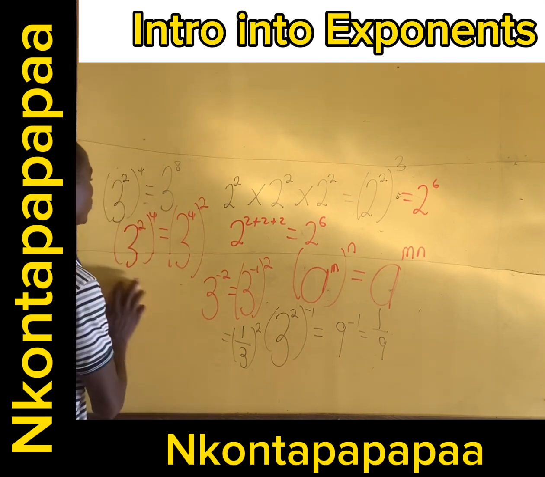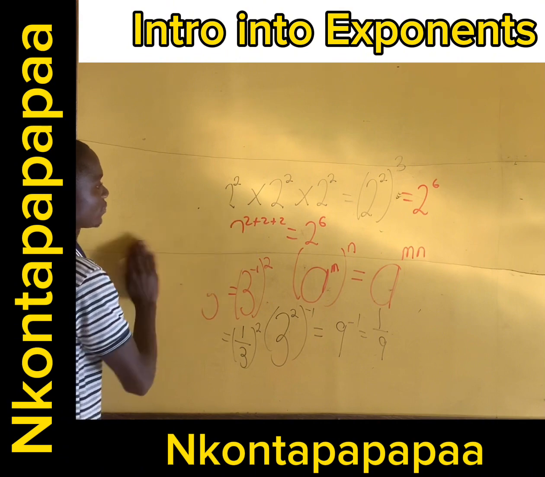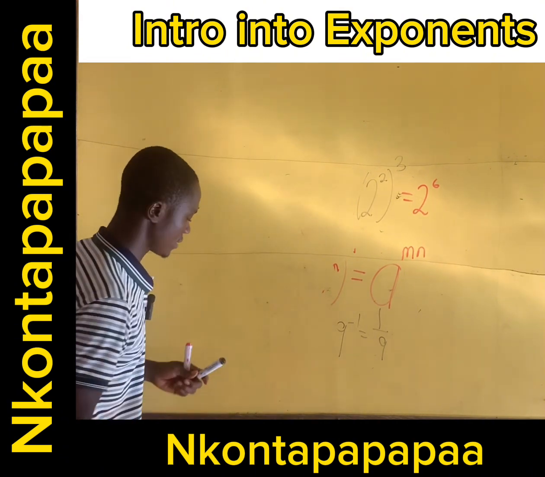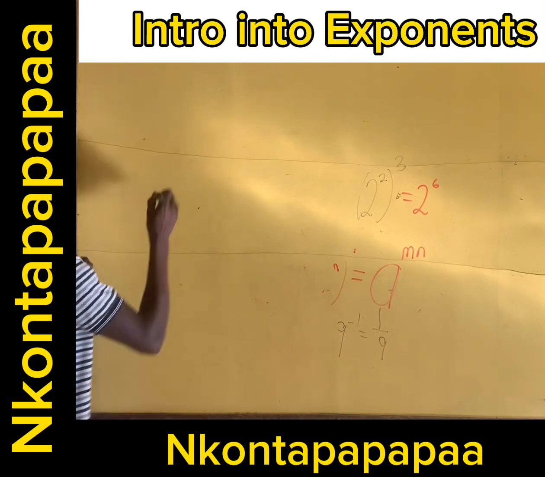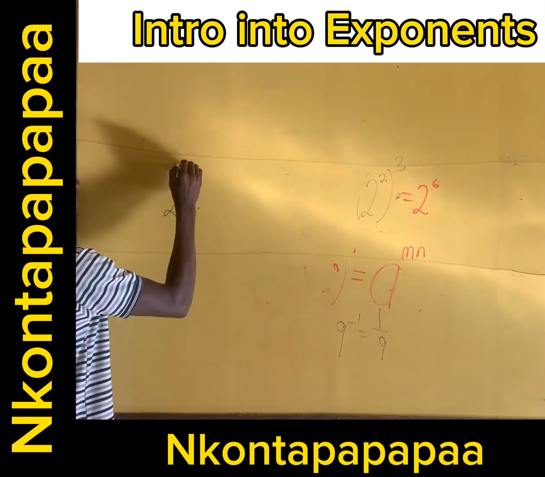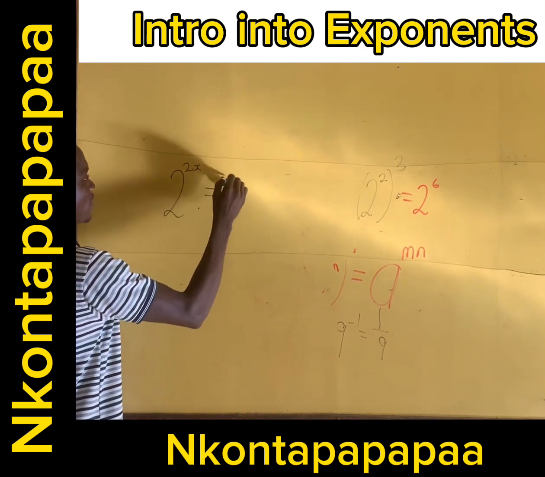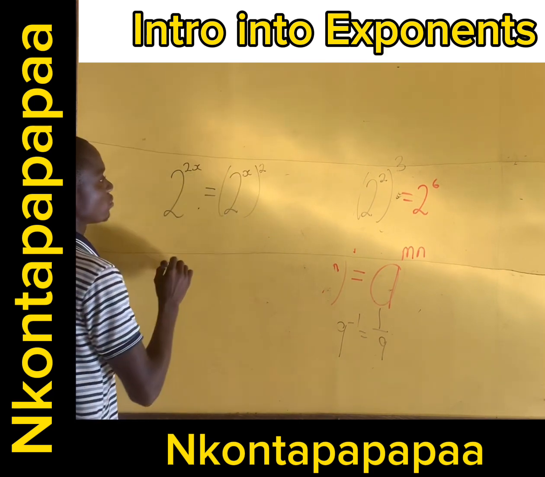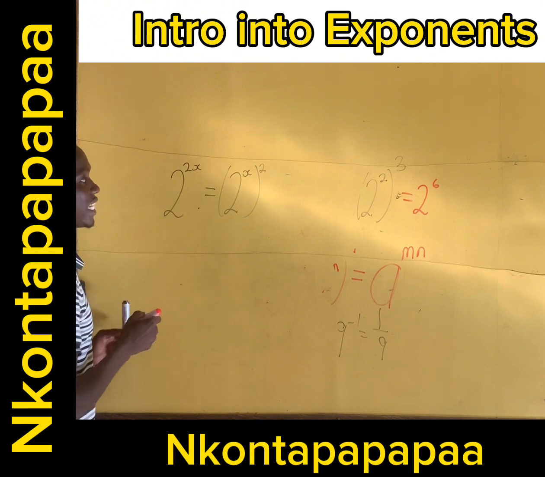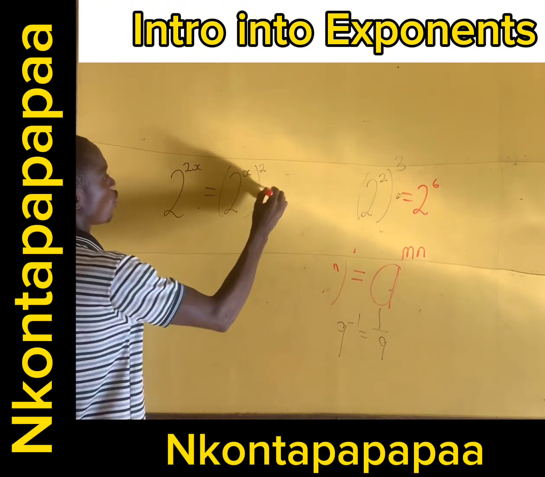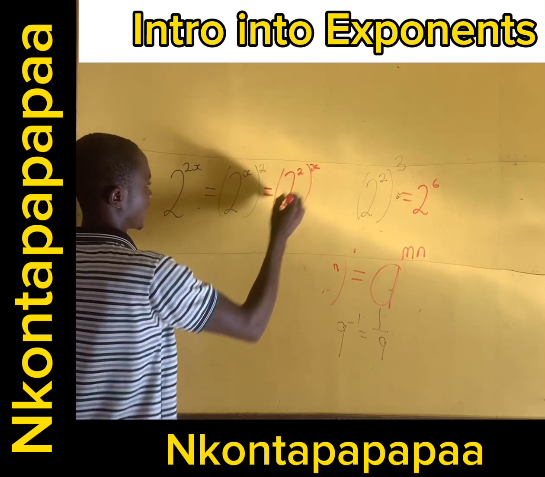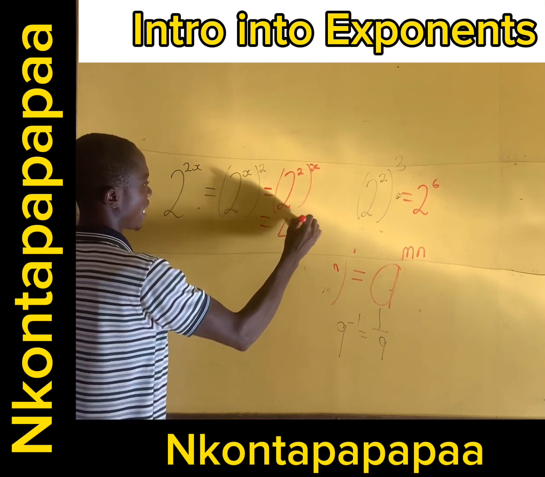Now, let's look at this one. If I have, say, 2 exponent 2x, this can be written as 2 exponent x power 2. Wow. Here I factorize the 2 out. Or this is the same as 2 exponent 2 power x, which will eventually become 4 power x.